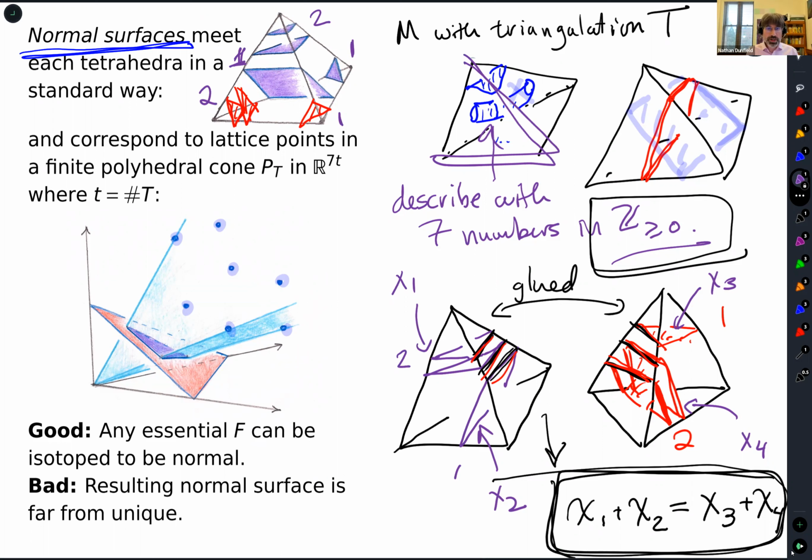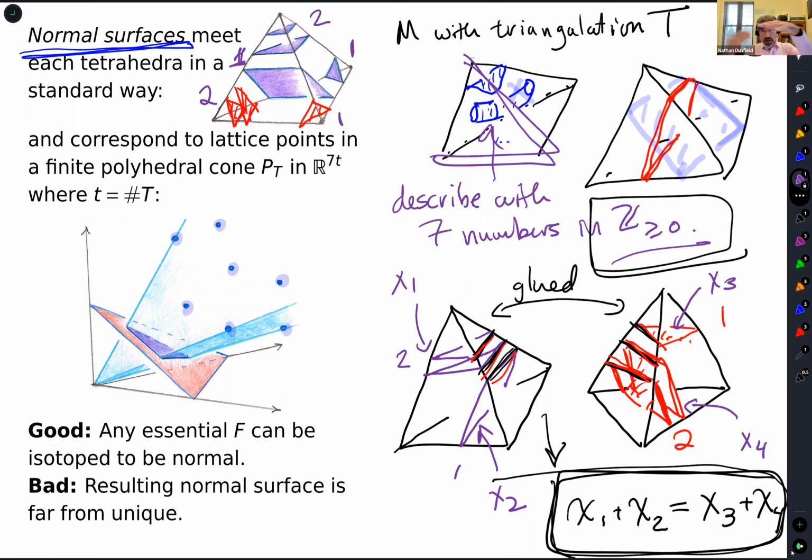So this is also a good point to pause for questions. Here I have a question: does uniqueness mean up to isotopy, or is the resulting normal surface far from unique? Yeah, the normal surfaces are recorded by these numbers, and you could have different vectors that actually give isotopic surfaces.